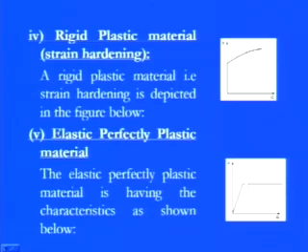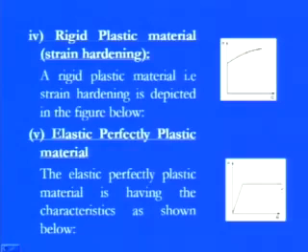Up to this point is the elastic limit, and then it is perfectly plastic, meaning there is no strain hardening after this point. So we have a constant line in that phase, where no additional stress comes in and only the deformation keeps going on. This is known as perfectly plastic with the elastic nature of the material.